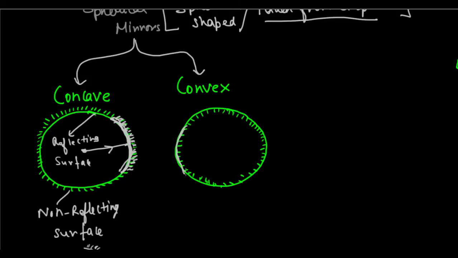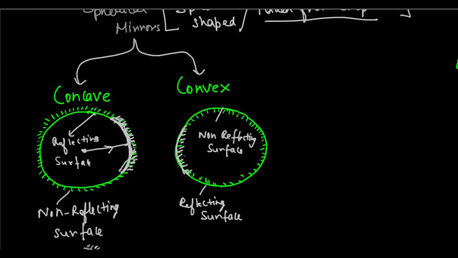If I take out a part, you will see that the outer surface is the reflecting surface, and the inner surface is the non-reflecting surface. It does not reflect light, but the outer surface does.